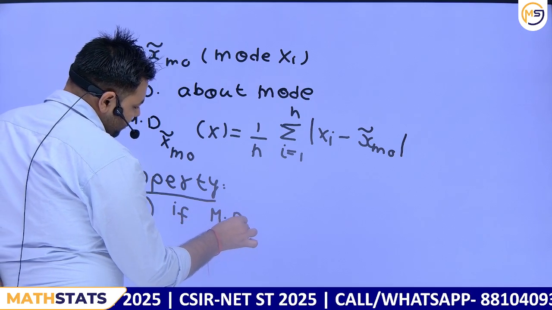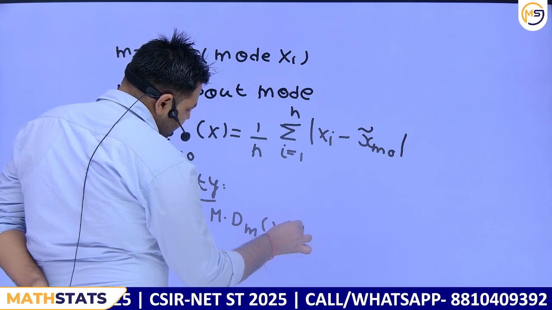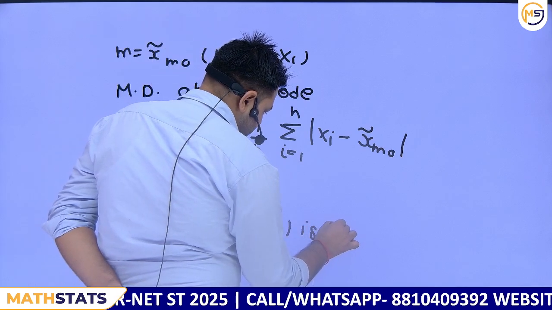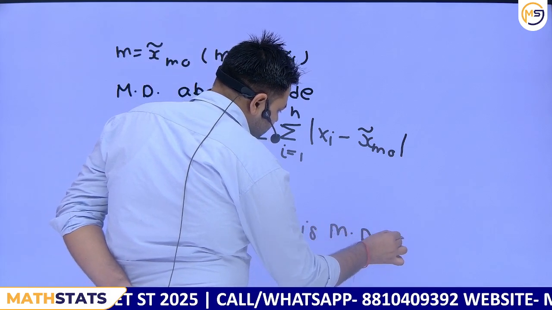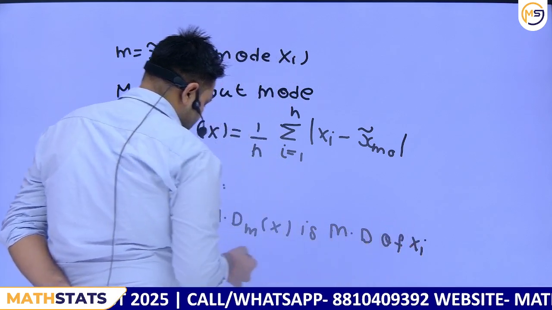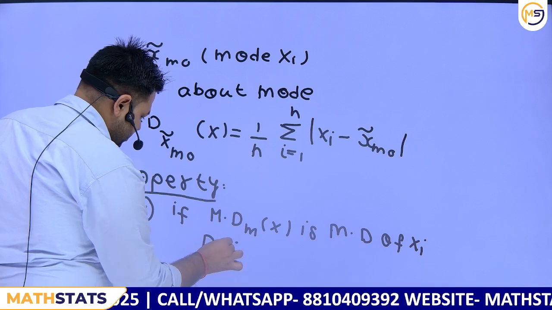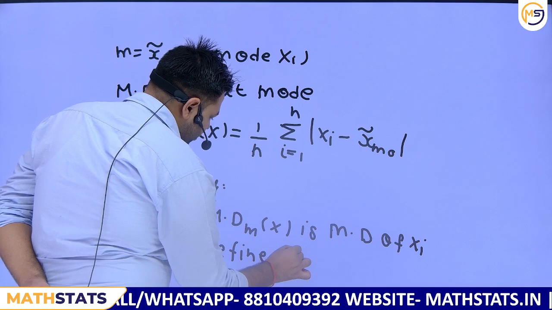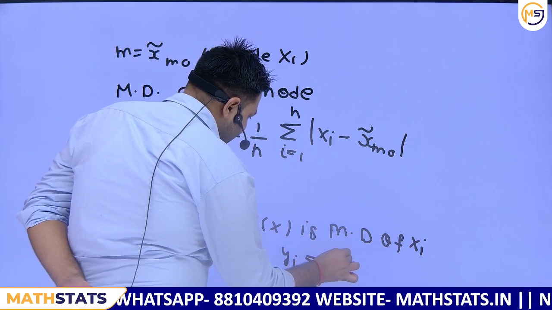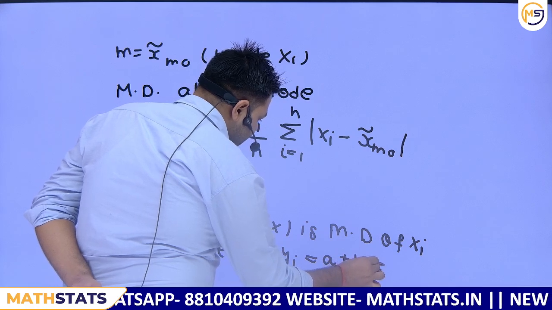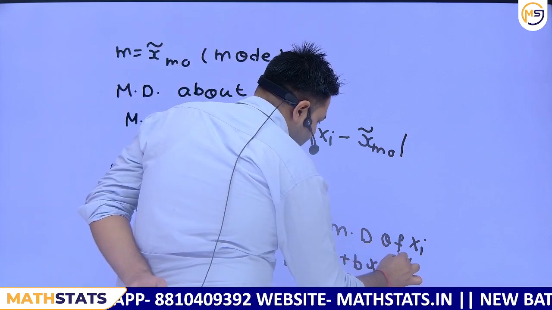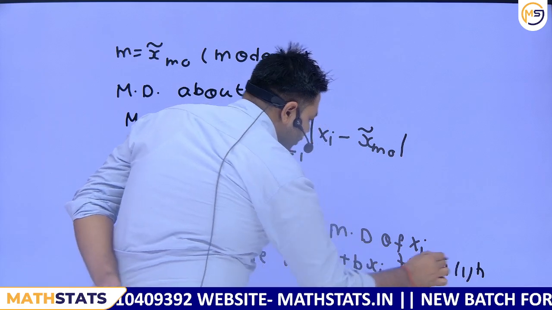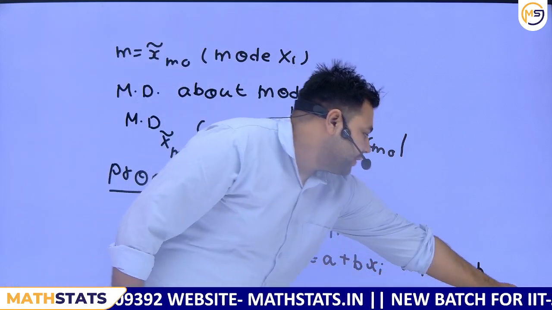If MD about m of x is the mean deviation of xi, and define yi equal to a plus b xi for each i equal to 1 to n.